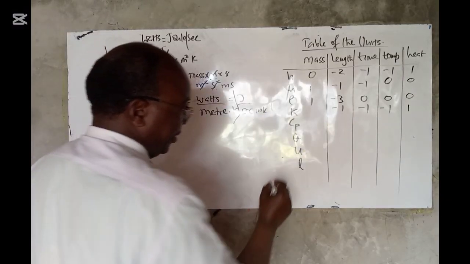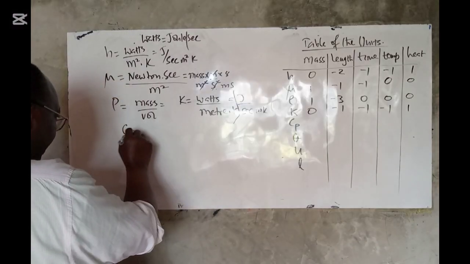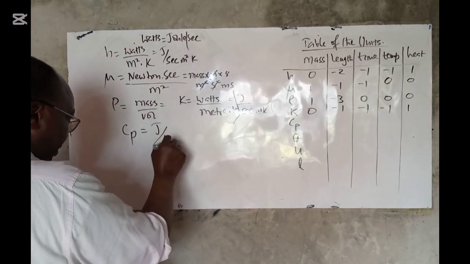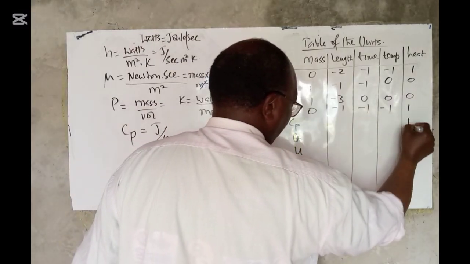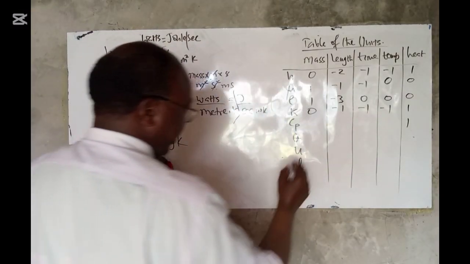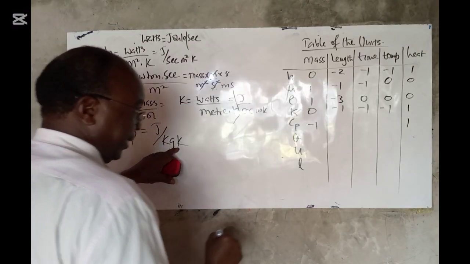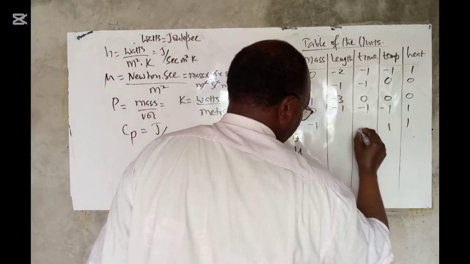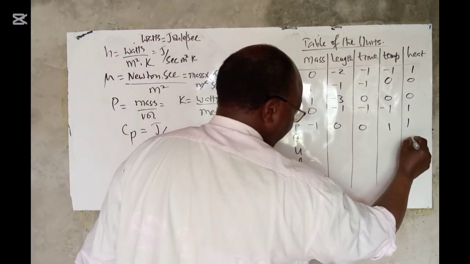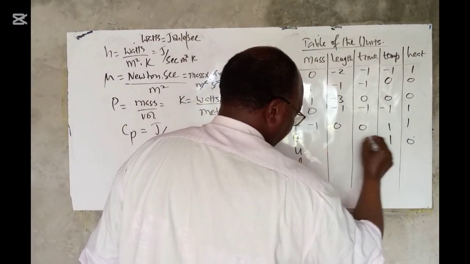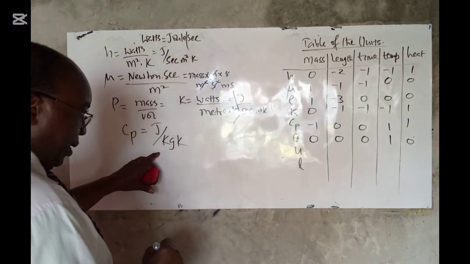There's no mass, that's 0. CP, specific heat, is joule per Kelvin per kilogram. So heat is 1, we are dividing by mass, minus 1, we are dividing by temperature, minus 1. All the other dimensions are 0.